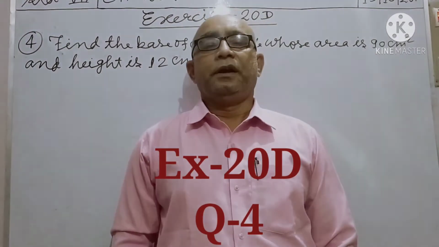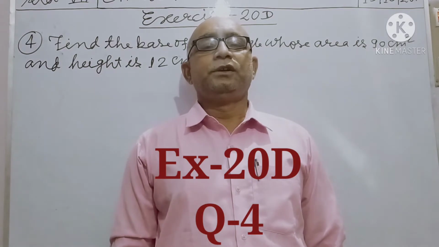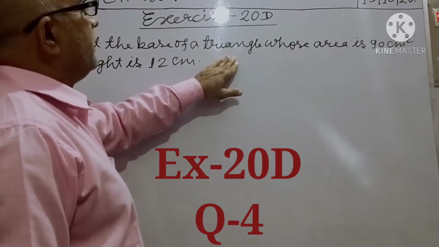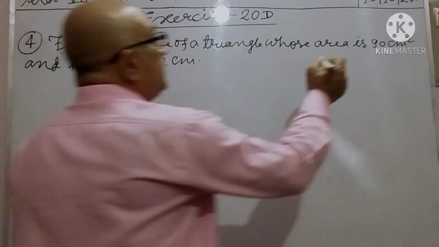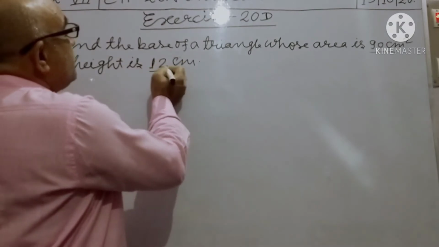Students, next question is question number 4 of exercise 20D. In this question, find the base of a triangle whose area is 90 cm square and height is 12 cm.